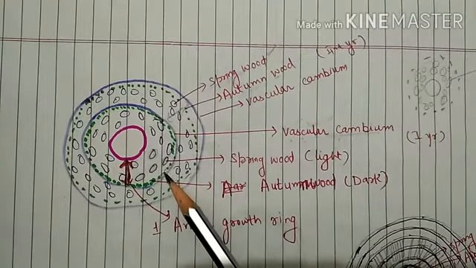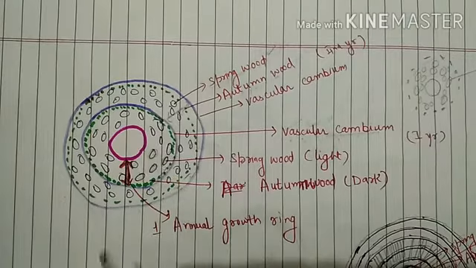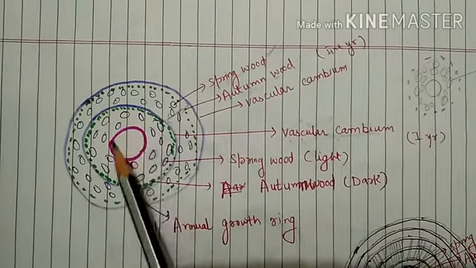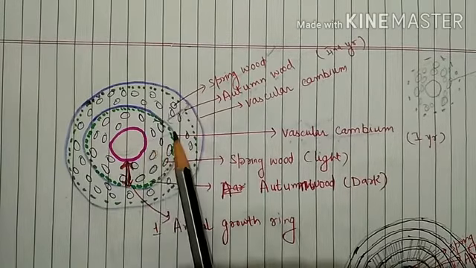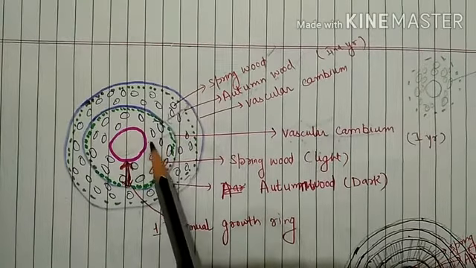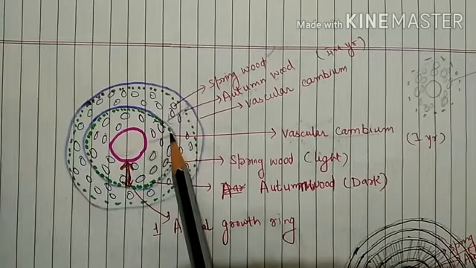So let us concentrate here on the diagram. This is the inner portion, that is the pith. Outside it is the secondary xylem. So secondary xylem, we know, is known as wood.